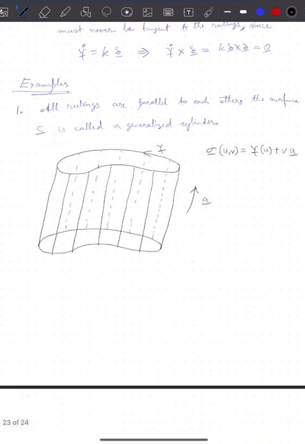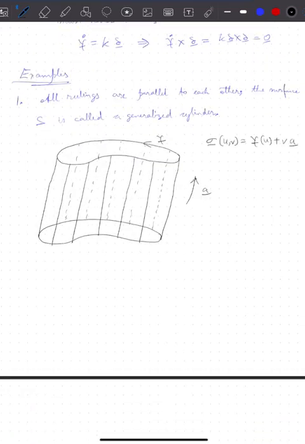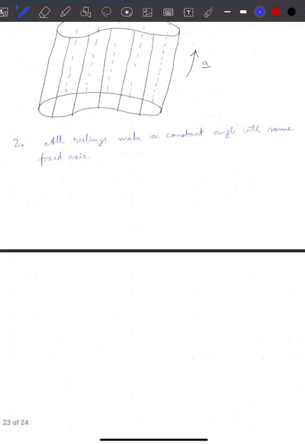Another example is where all rulings make a constant angle with some fixed axis. In this case, we have a cone.